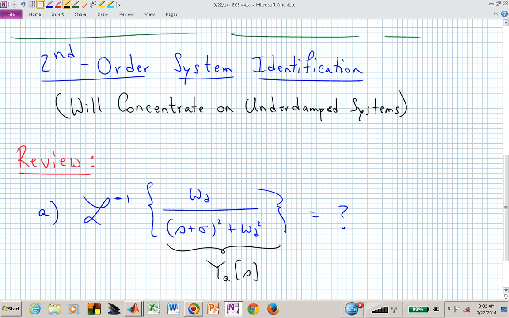There are no zeros. And I hope you're starting to see what's downstairs. So now try to find little y sub a of t, or just write it down if you have your Laplace tables memorized. When you see these, you can almost immediately envision what that looks like.